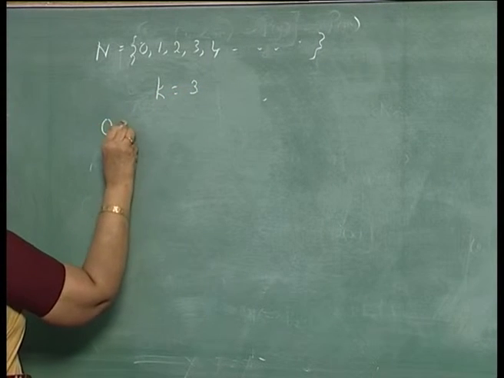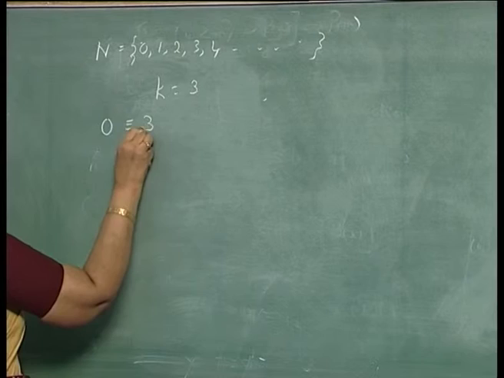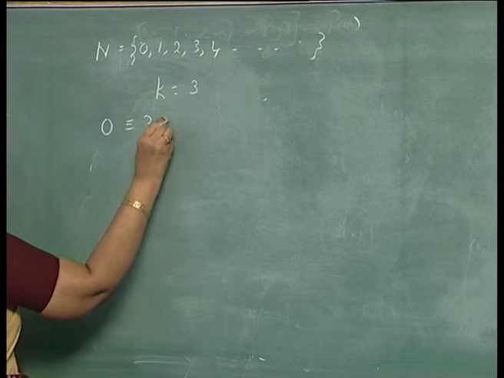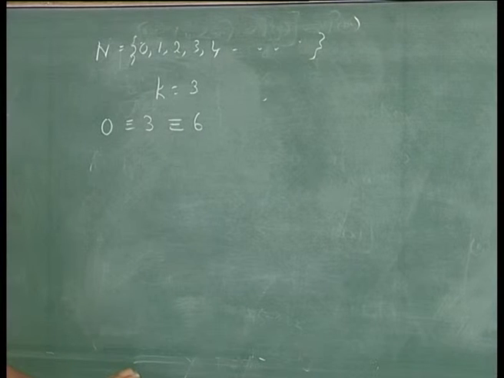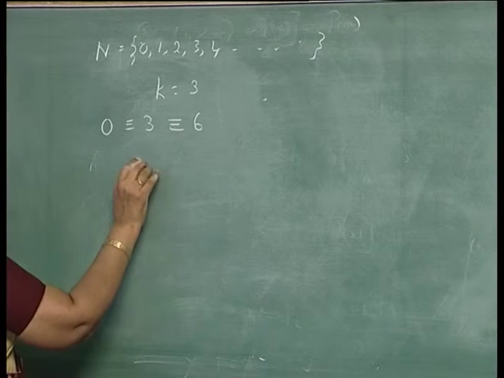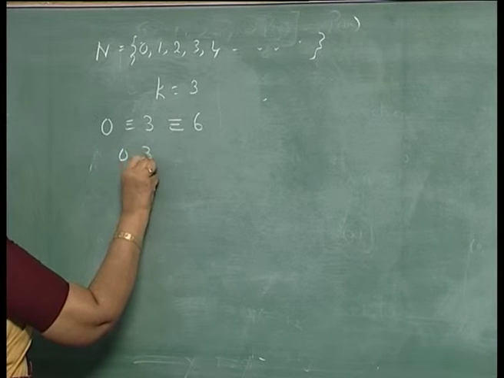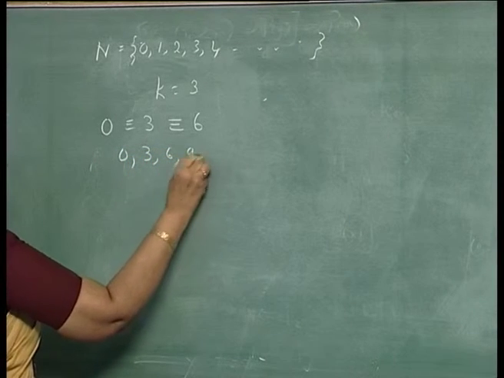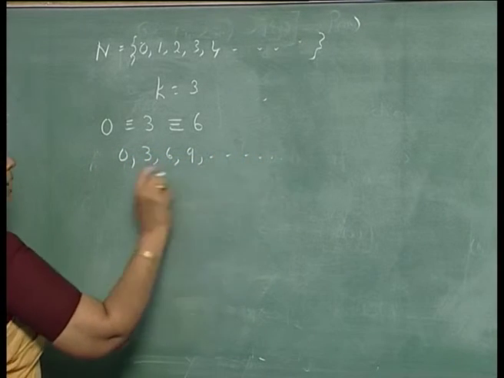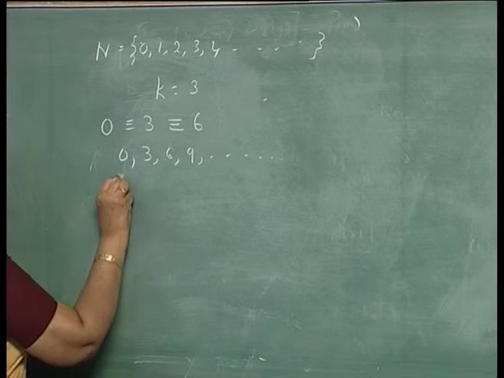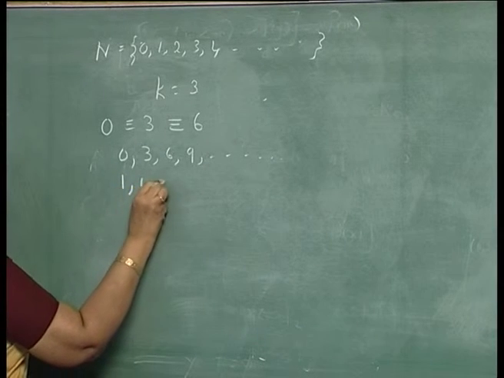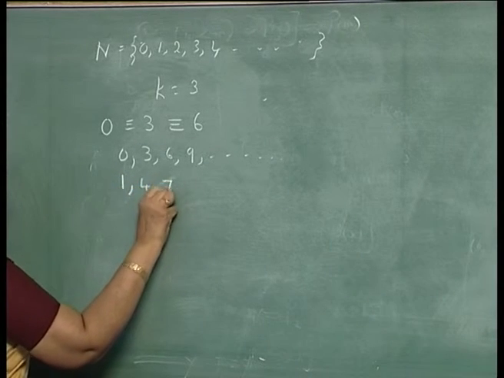So, 0 will be equivalent to 3, because they leave the remainder 0 when divided by 3, and equal to 6. They are all equivalent. So, actually 0, 3, 6, 9 will all be equivalent to each other because they leave the remainder 0 when divided by 3.